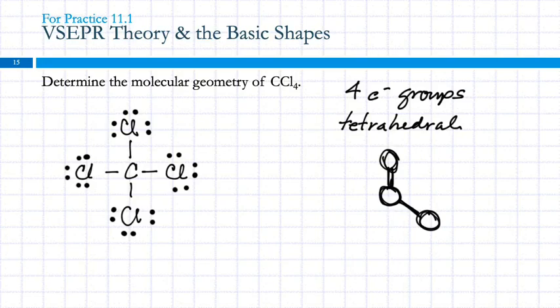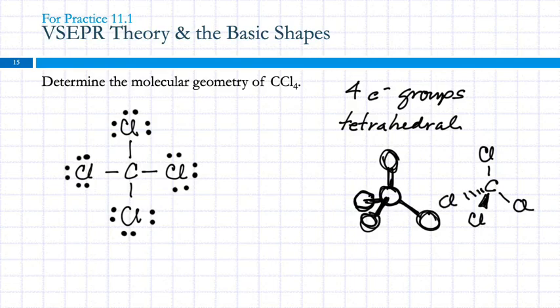But we put as much of it in the plane of the screen as we can, and then this one's going to kind of be sticking out at us, and this one is going to be in the back, and we can kind of see where it attaches. We can also do this with wedges. And so we use a solid wedge coming out to indicate this one's jumping out at you, and then a hatched or a dashed wedge to indicate that it's behind the screen, like if you can't see it. So, tetrahedral geometry. Any questions?